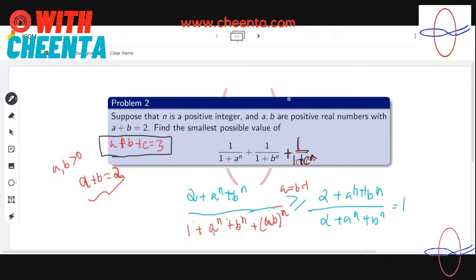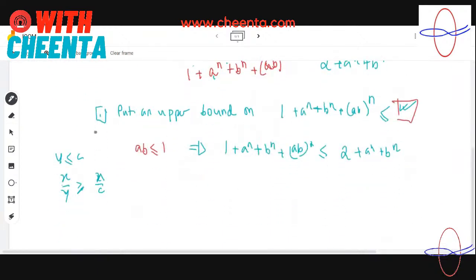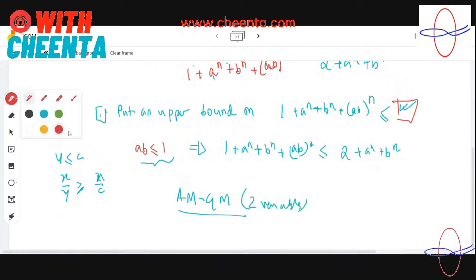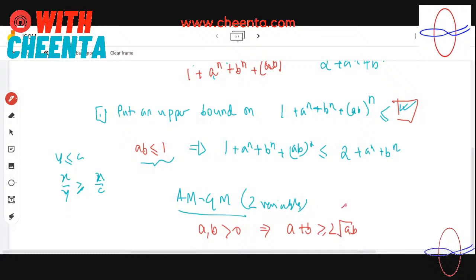Okay, AB, yeah. How is AB less than or equal to 1? That's a very good question. That is called AM-GM inequality. What is the AM-GM inequality for two variables? It's very simple. It says that if A and B are positive, then A plus B is greater than or equal to twice root AB. Why is this true?